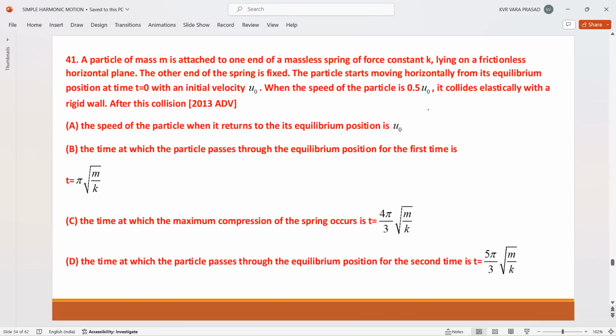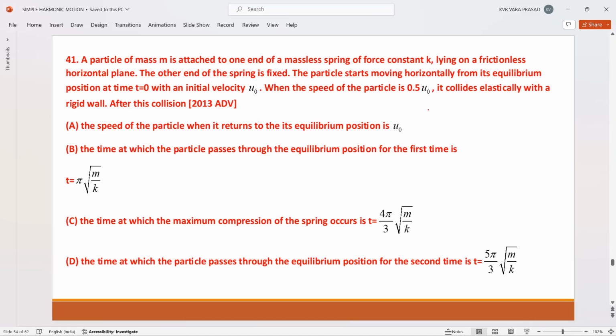The other end of the spring is fixed. The particle starts moving horizontally from its equilibrium position at time t equal to 0 with an initial velocity u0.